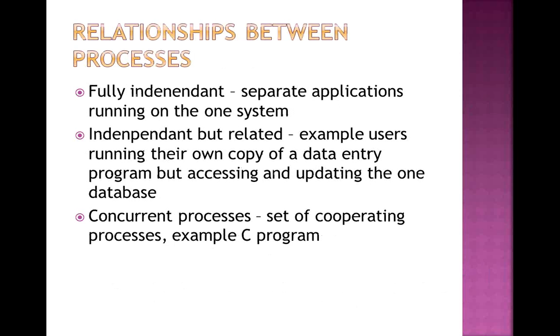Now, what are the types of relationship between different processes? One is fully independent, that is, separate applications running on one machine as separate entities. Then independent but related: they are independent but related to each other.